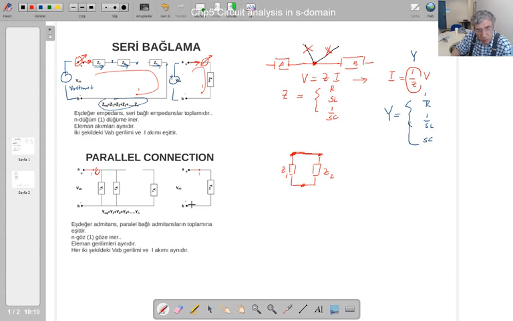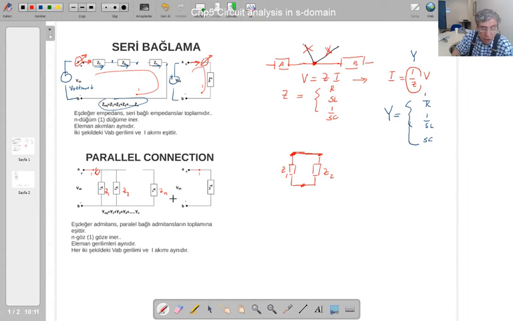Now the conclusion we can get out of this regarding admittances, and I'm not going to prove it, is that if n elements are connected in parallel, the equivalent element admittance is equal to the summation of all these parallel connected elements' admittances. Normally we do not write Y1, Y2 here; we write 1/Z1, 1/Z2, 1/Zn. So the equivalent is the summation of the admittances.